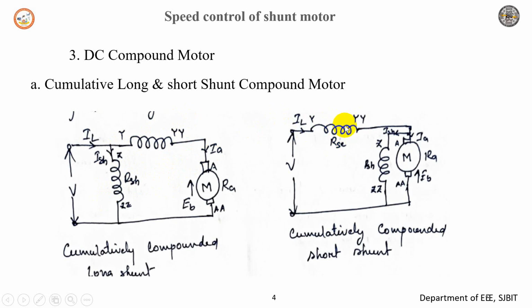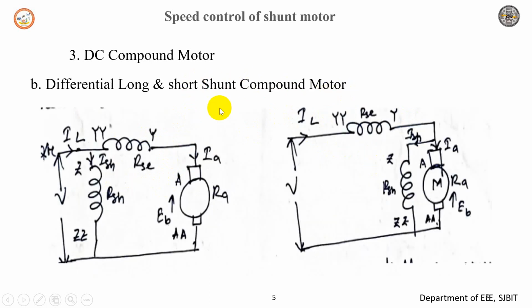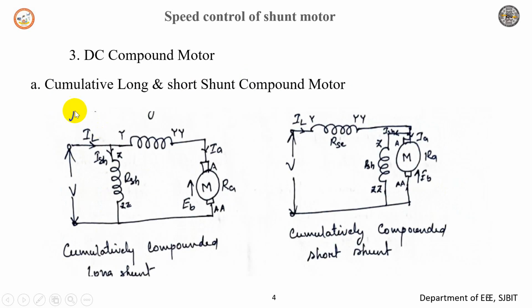When the shunt field winding is connected just across the armature, excluding the series resistance, it is called a short shunt compound motor. Now, cumulative refers to when the flux produced in the shunt field and the series field are added up. Therefore, it is called cumulative. In terms of flux, phi SC plus phi SH will be the total flux.